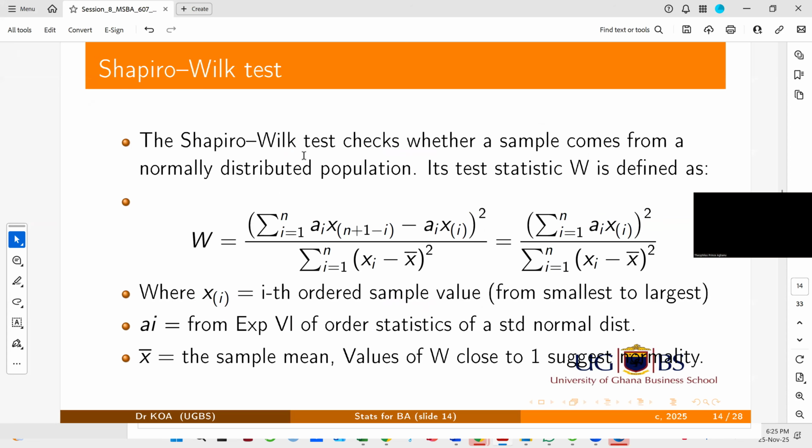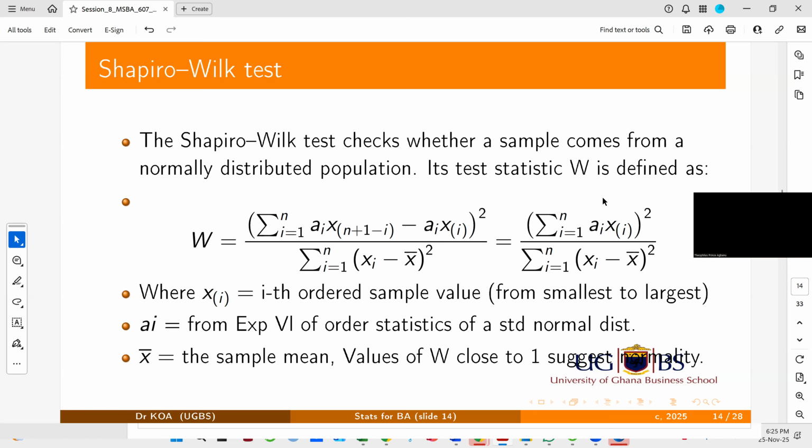On your screen is the test statistic for the Shapiro-Wilk test. The test statistic is defined as each coefficient, that is the expected value of order statistics, multiplied by that particular column. And then you subtract that same thing from the next row.